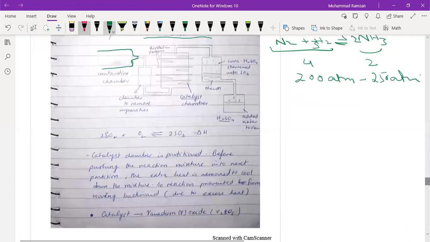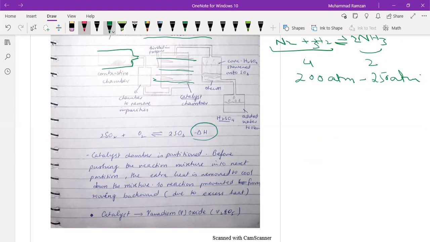You can say this catalyst chamber is divided into multiple portions like this, and so on. When the mixture of SO2 and O2 reacts, the reaction is exothermic. You can look, this is exo.